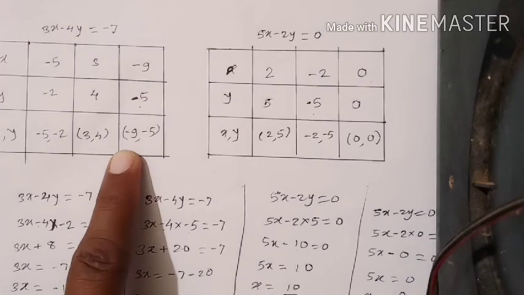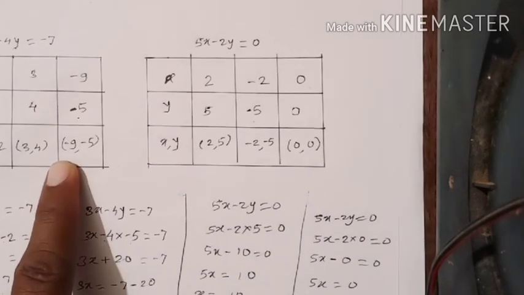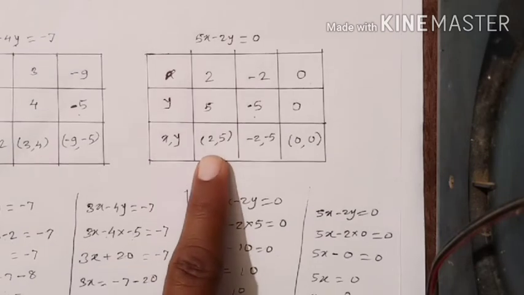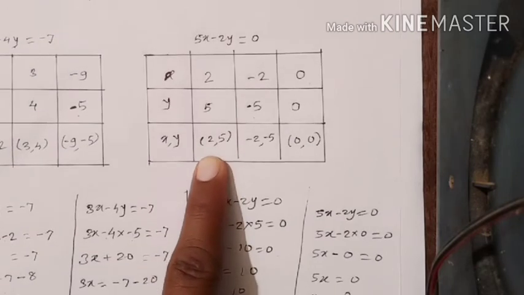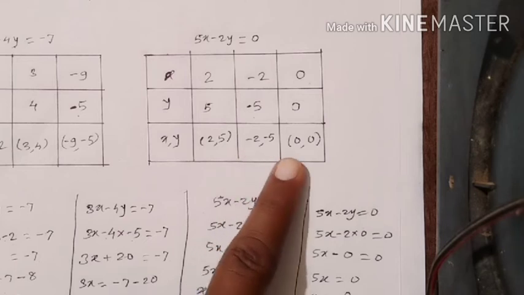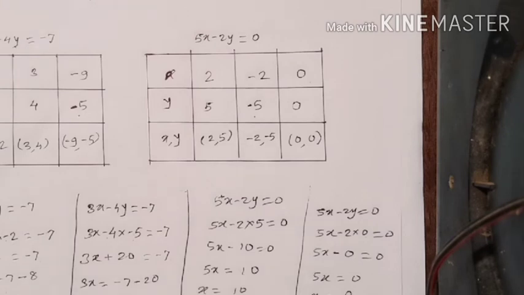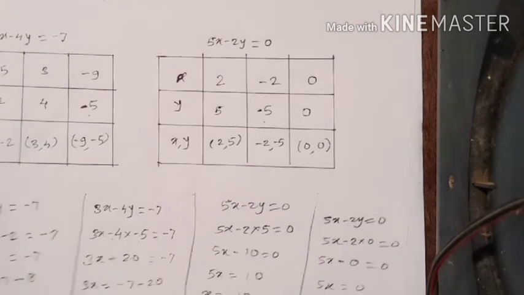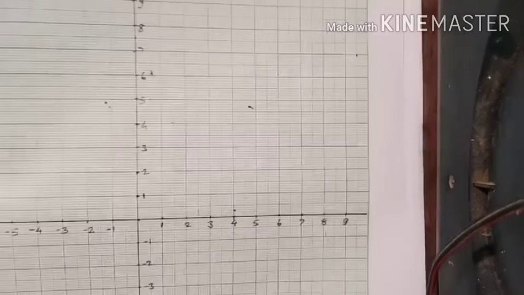These are the coordinates of the points on the line. For the second line, the first point is 2 comma 5. The second point is minus 2 comma minus 5, and the third coordinate is 0 comma 0. Now we will plot these points on the graph.